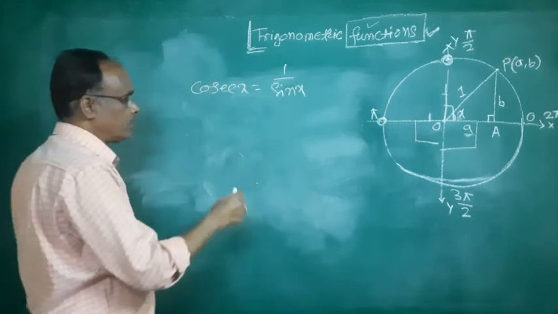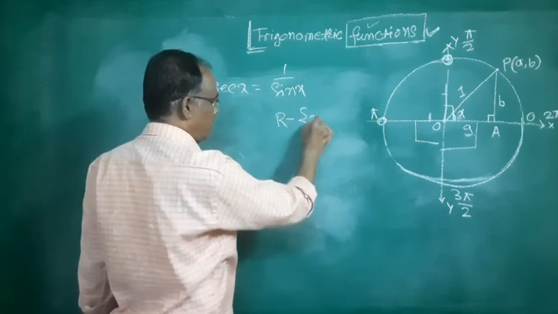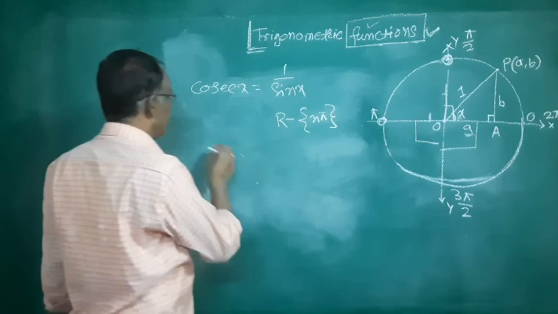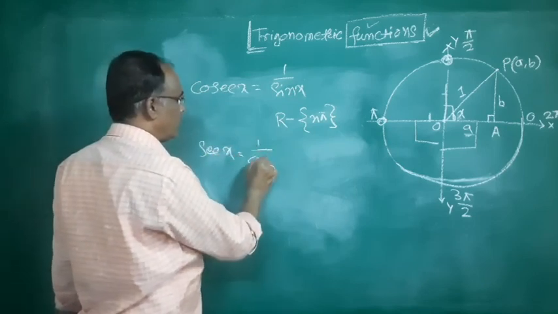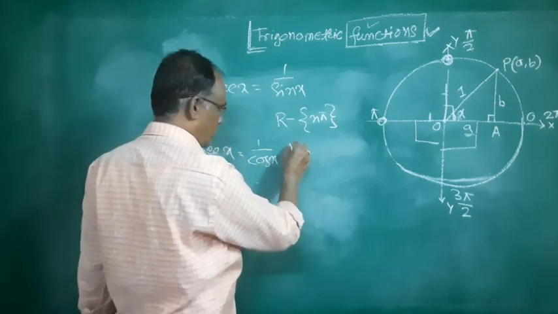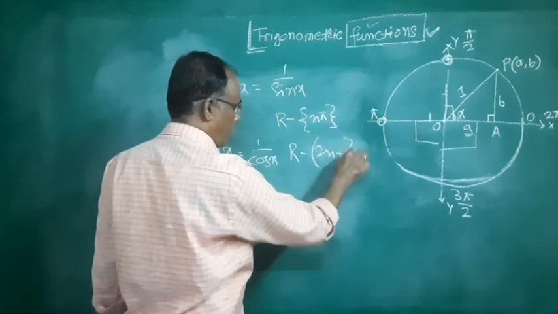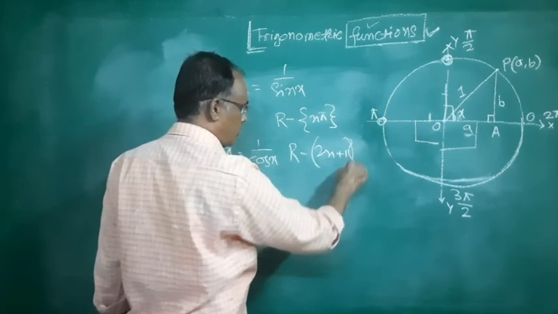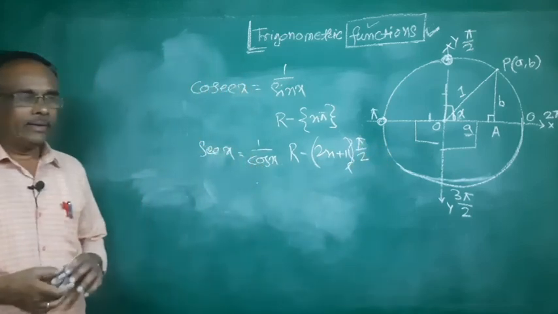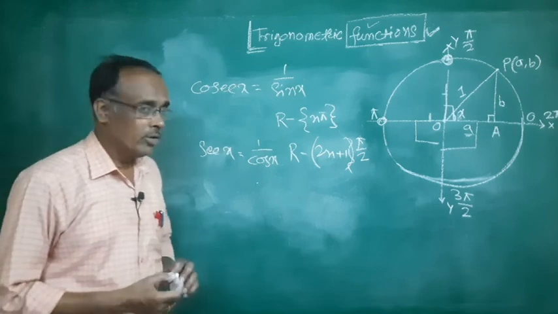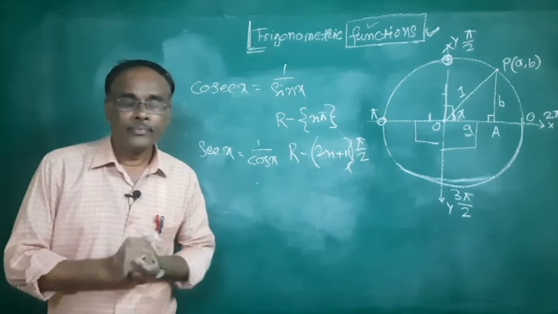Domain: all real except n pi. Sec x is 1 by cos x. All real except (2n plus 1) pi by 2, odd multiples of pi by 2. Here these are the domains of our functions. Okay, understood?